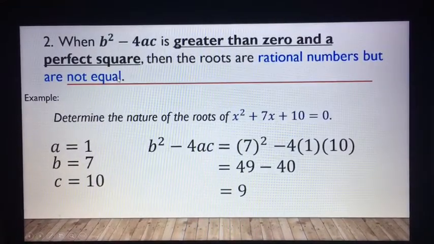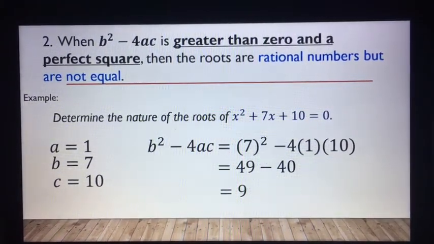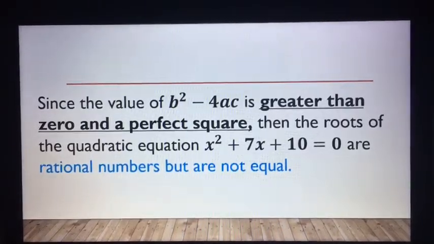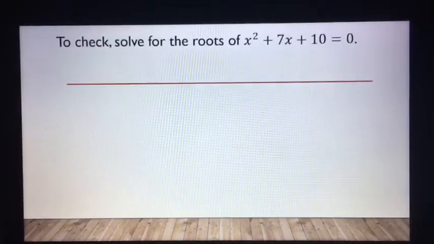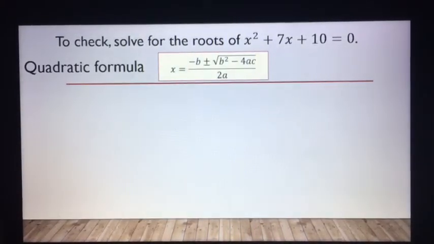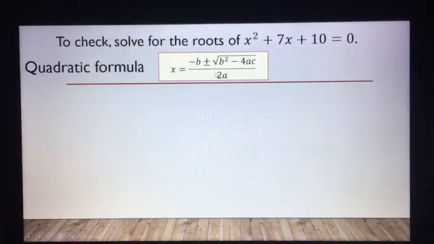So, check natin. Let us solve the roots of x squared plus 7x plus 10. Gagamitin po ulit natin ang quadratic formula na x equals negative b plus minus square root of b squared minus 4ac over 2a.